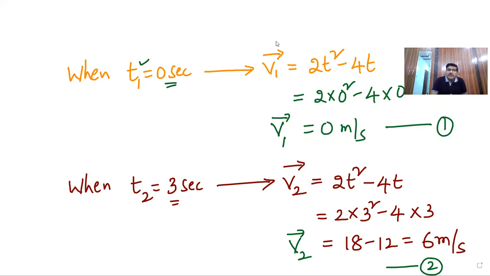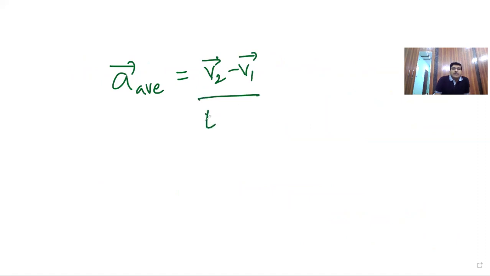Step 1 clear. Step 2, we have calculated T1, T2, V1 bar, V2 bar. Clear? Now we are substituting in the given formula, that is average acceleration is V2 bar minus V1 bar by T2 minus T1.